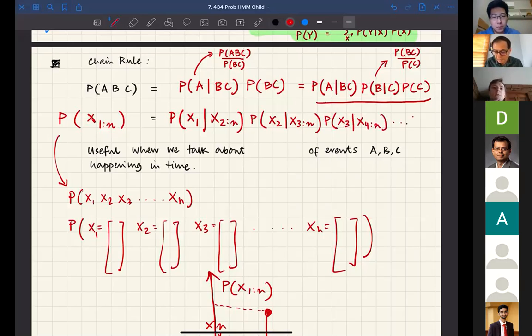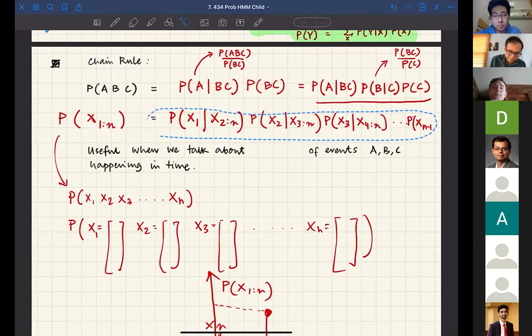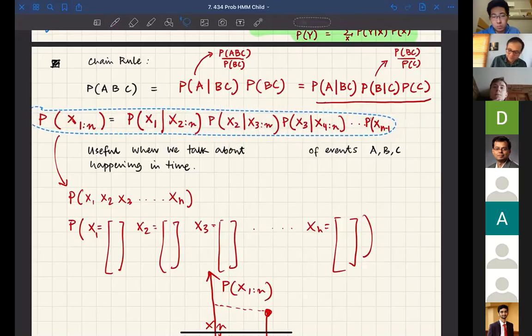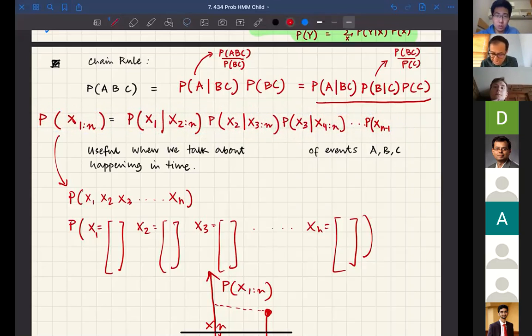What is the last term? Okay, let's do the last one. P(xn minus 1 given xn).